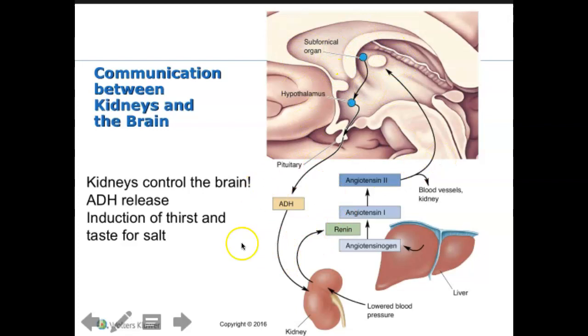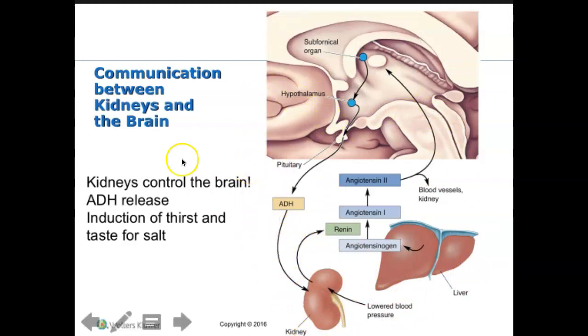So this is the way the brain communicates with the rest of the body. Okay, this is how that works. So in a way, the kidneys will control the brain, and then the brain will again control the kidneys through the ADH loop.